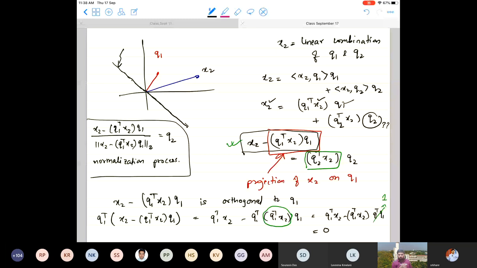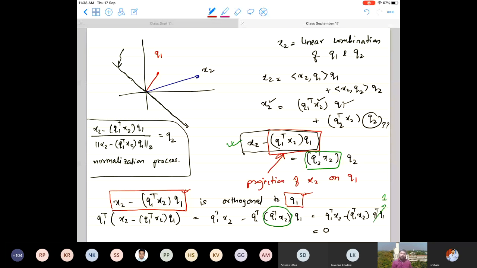I think there is a lag, so you still cannot see the highlighting. Now you see the two red highlighted vectors. I am taking the dot product between these two vectors, so I am taking q1 transpose into this big vector x2 minus q1 transpose x2 into q1, correct?